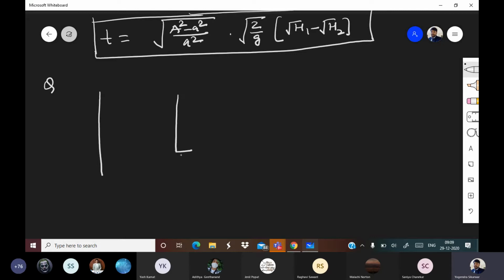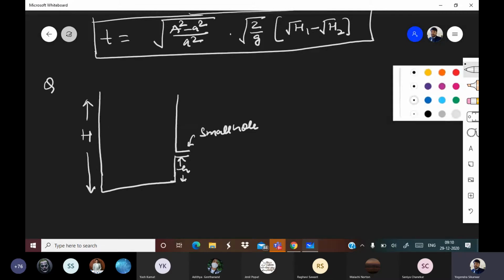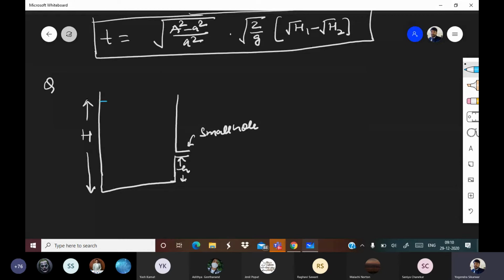This is a tube, or you can say large tank basically. And this is filled up to height capital H. And then there is a small hole. So pay attention, everyone.